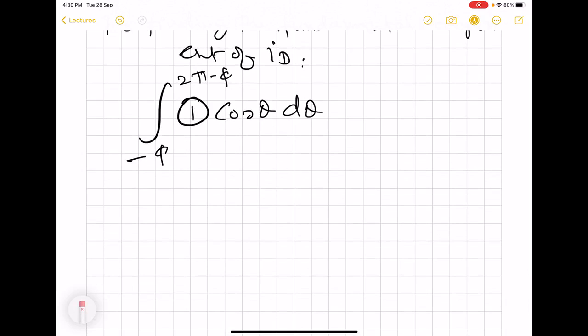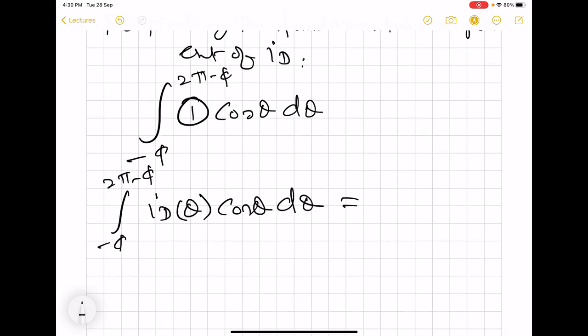If we do this, on the left side we get this expression.